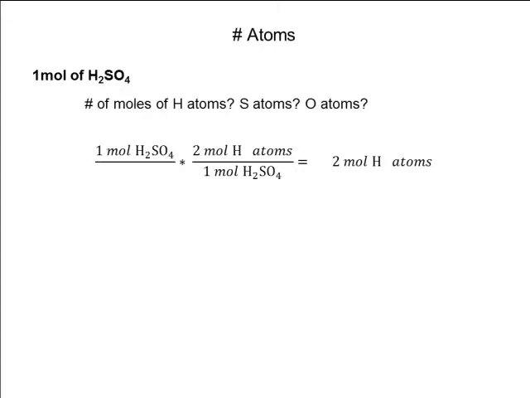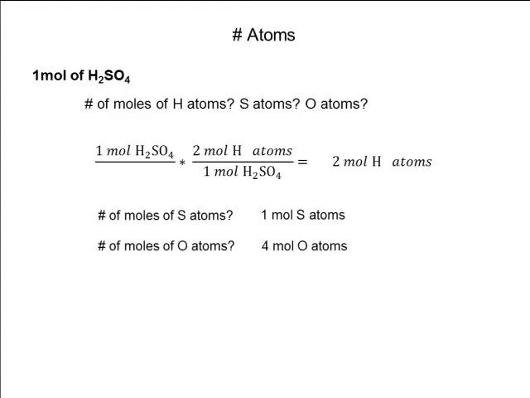I know this seems silly because it's in the formula, and we saw that with the molecules. It's still important to make that connection, because these multimole conversions will be very important later on, and you need to start recognizing them now. So 1 mole of H2SO4 contains 2 moles of hydrogen atoms, 1 mole of sulfur atoms, and 4 moles of oxygen atoms.